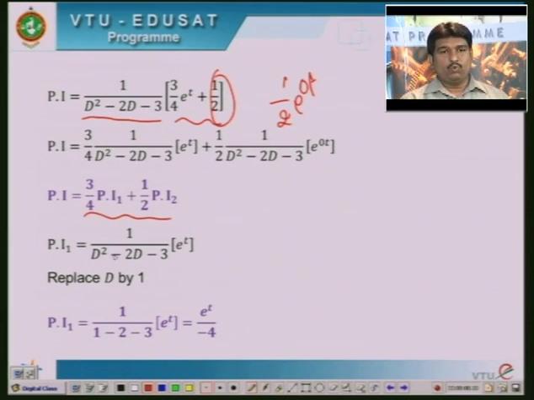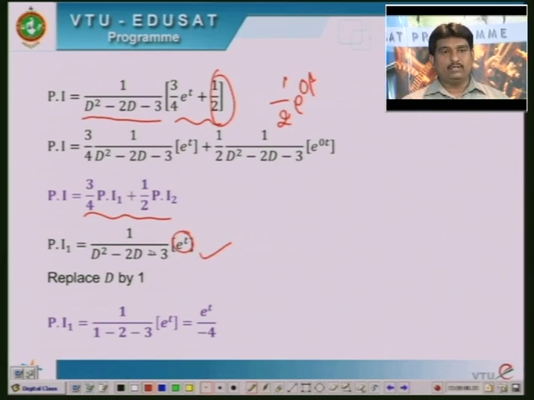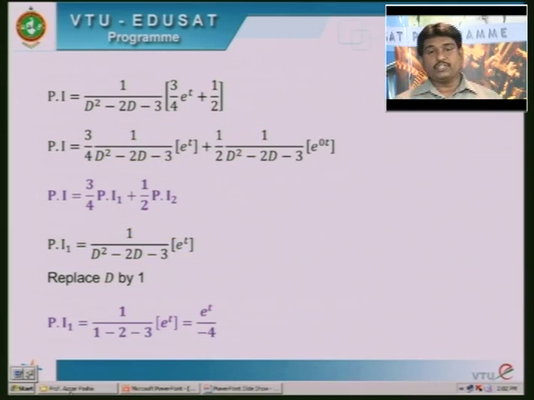PI1 is 1 divided by D² − 2D − 3 operated on e^t. It is type 1. According to type 1, we have to replace D by a, where a is the coefficient of t here, which is 1, provided the denominator is not equal to 0. If we replace D by 1, we get e^t divided by 1 − 2 − 3, which equals e^t divided by −4.